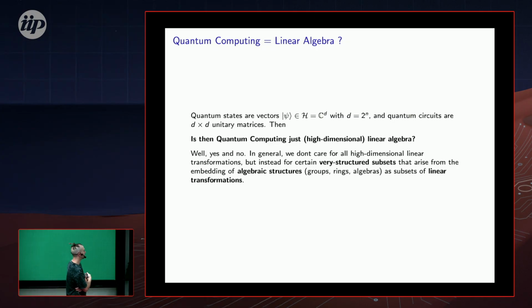In my opinion, it's a little bit more than that, because we don't really care for all high-dimensional linear transformations, but instead for certain very structured subsets that arise from embedding, for example, algebraic structures like groups, rings, algebras, the ones that we will discuss soon, as very structured subsets of this totality of high-dimensional linear transformations.